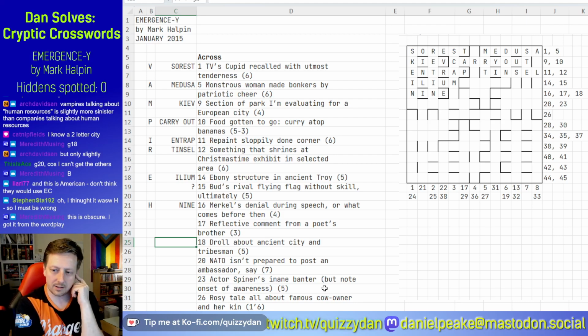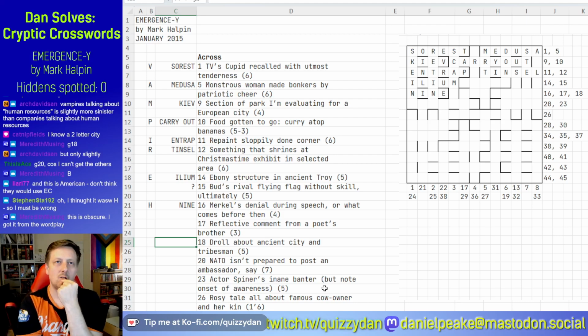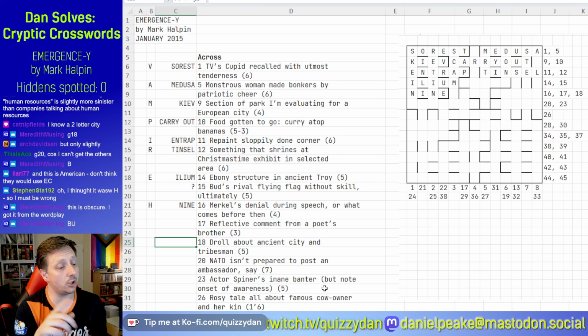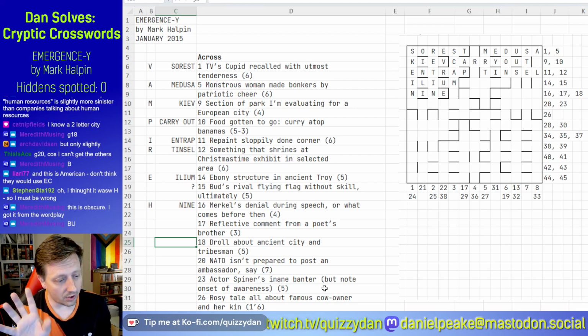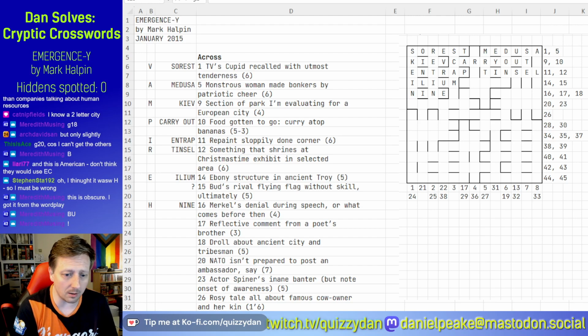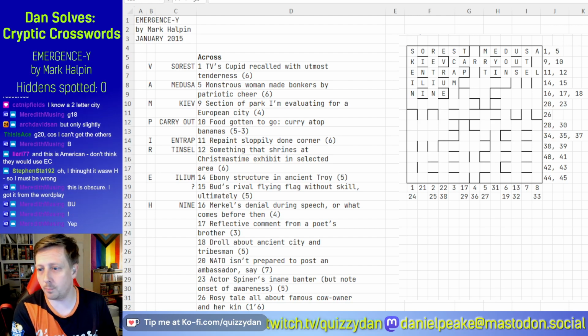Second letter, please. It could be roll, couldn't it? It's not necessarily doll. It could be roll. So a roll could be a bun. Is there a burren that is a tribesman? That feels like a possibility. Let's look that up in Chambers. Burren. No. There is? Oh, it's not in Chambers, but I'll take your word for it.